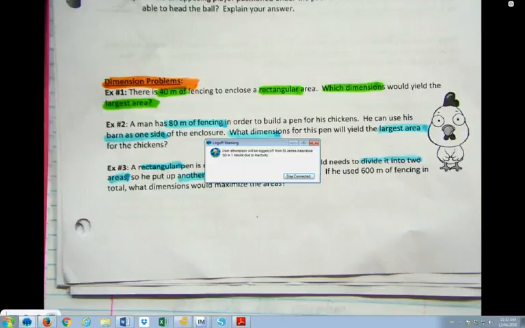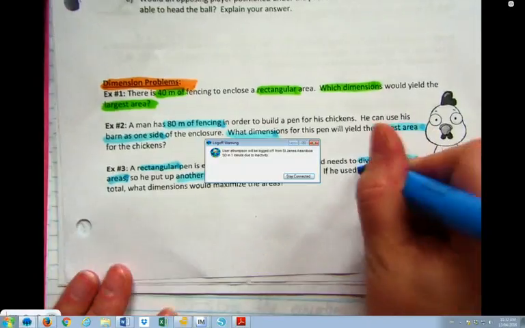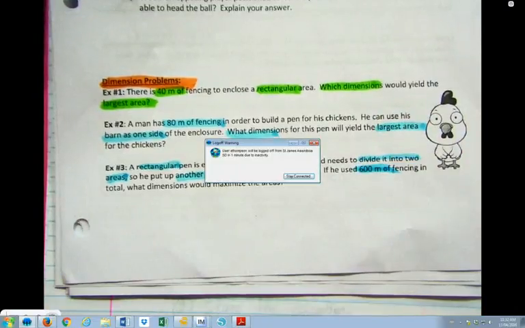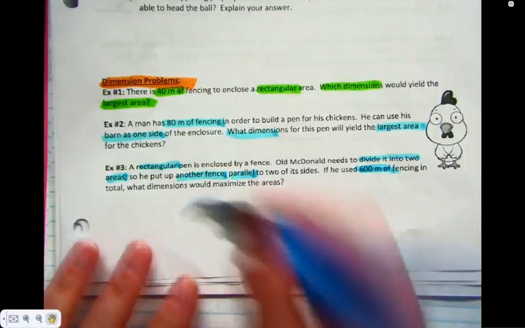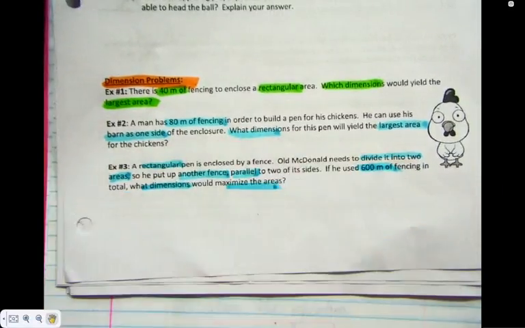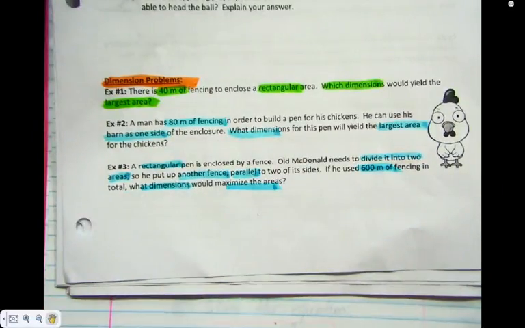That's it? You probably want the number in there. You notice it's the only number. And what are we looking for? What shape should I start by drawing?